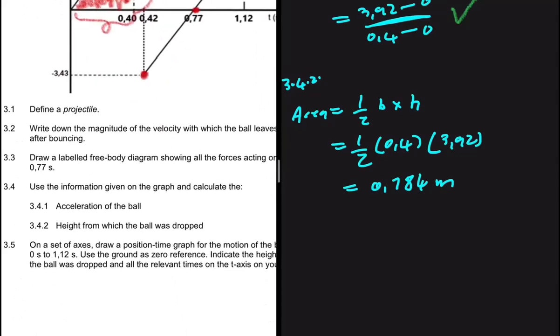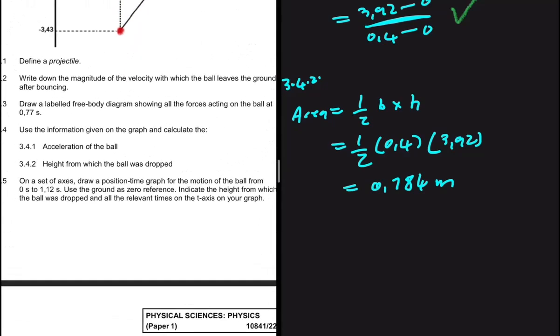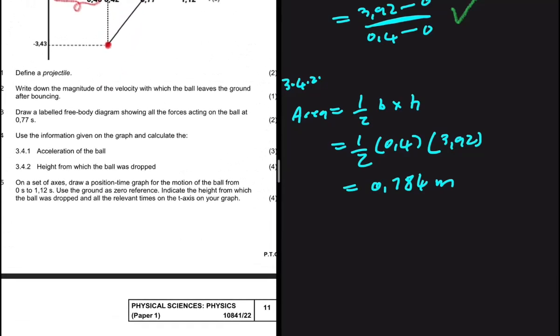The next question, 3.5. On the same set of axes, draw a position time graph for the motion of the ball from 0 seconds to 1.12 seconds. Use the ground as the 0 reference, and indicate the height from which the ball was dropped and all the relevant times on the t-axis of your graph.